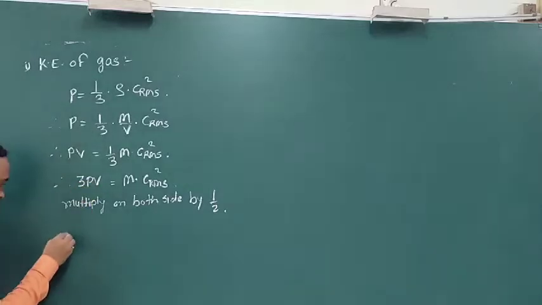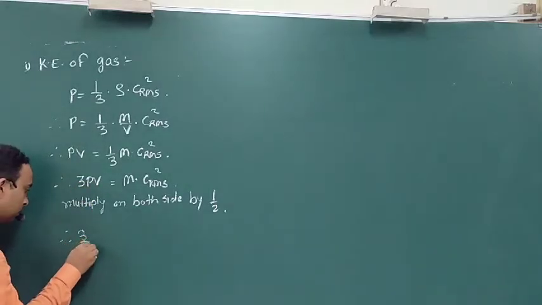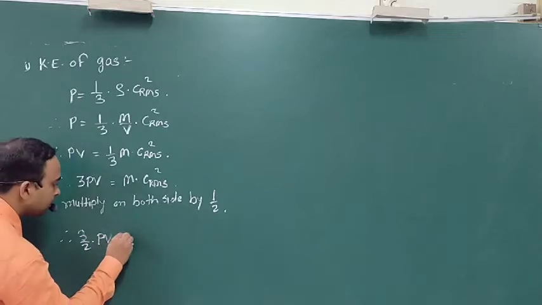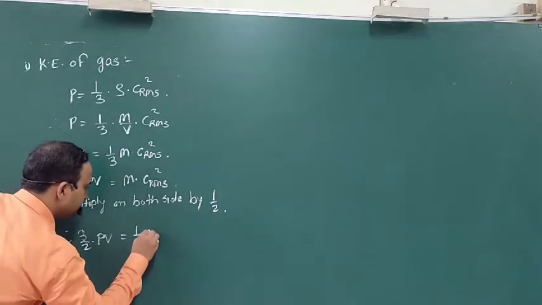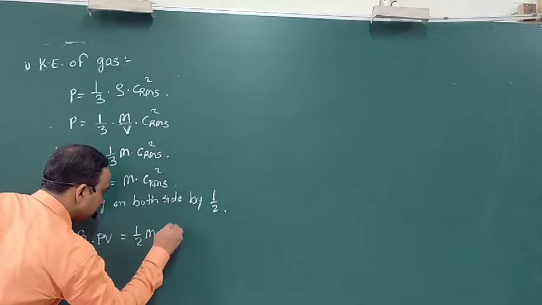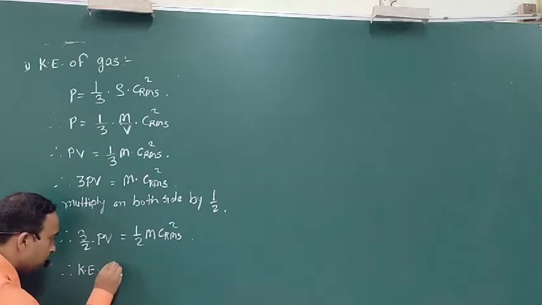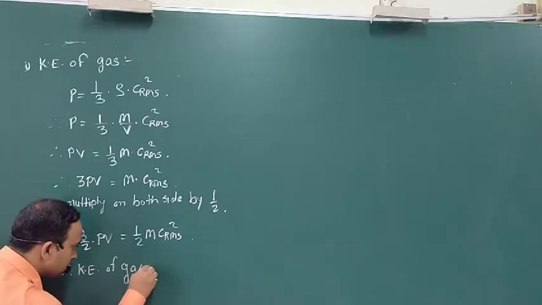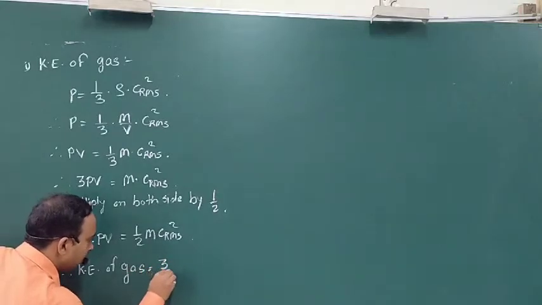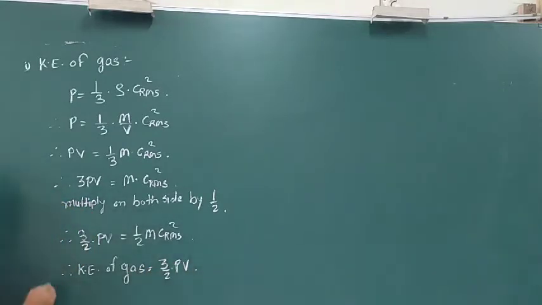So we get 3/2 into PV is equal to half m C RMS square. Okay, that means the kinetic energy of gas. Therefore, the kinetic energy of gas is equal to 3/2 into PV. This is the kinetic energy of a gas.